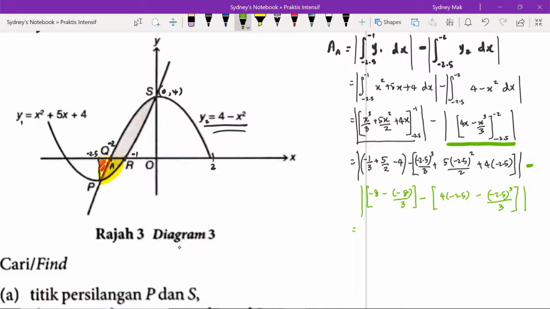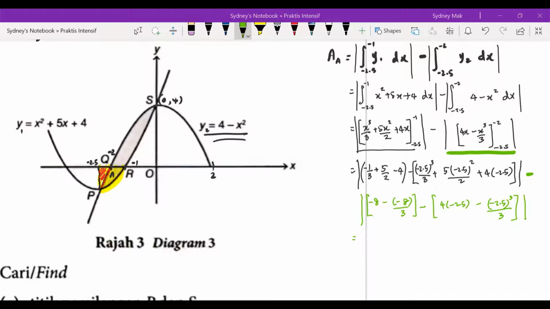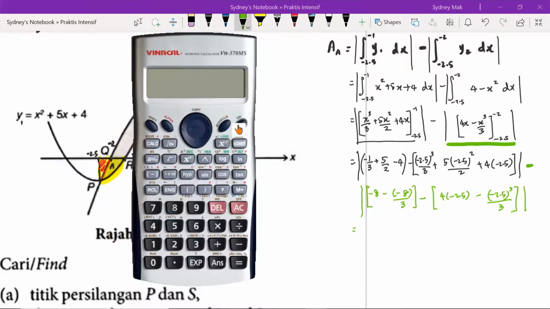And next, for this part, we need the calculator. All right, to use the calculator, we substitute the integrated expression. Okay, we have x cubed over 3, and then plus 5x squared over 2, then plus 4x.